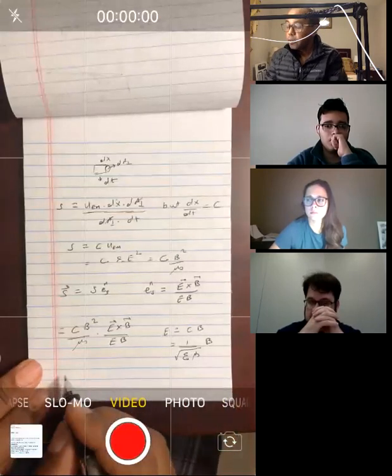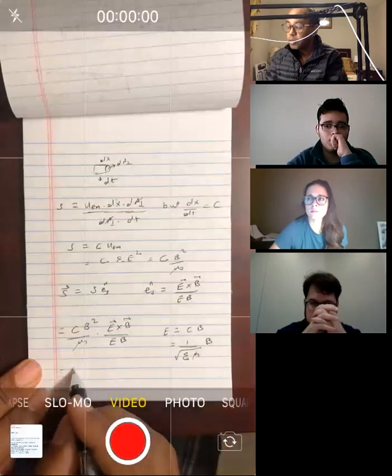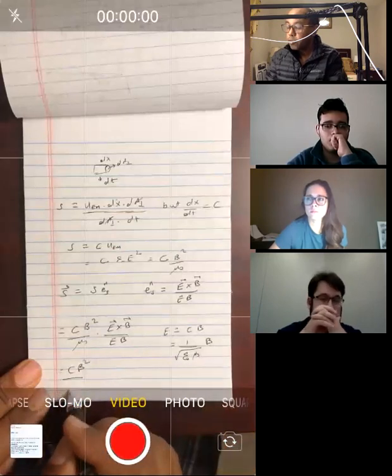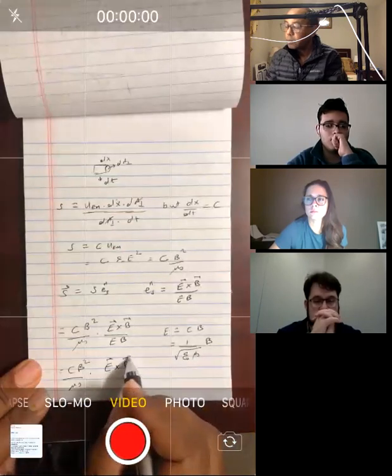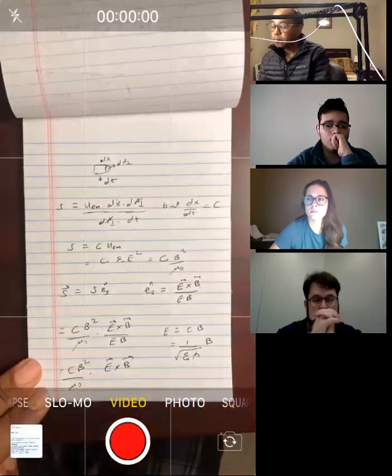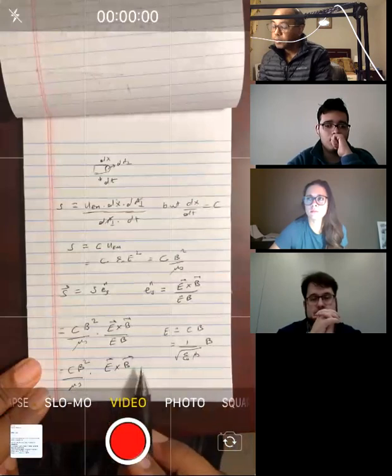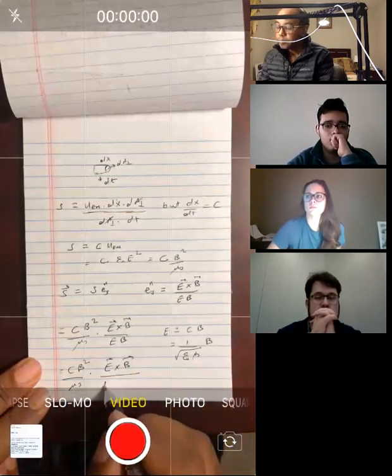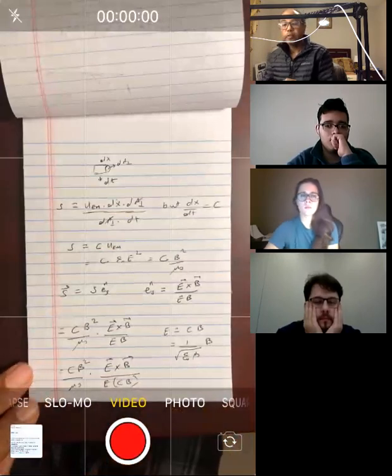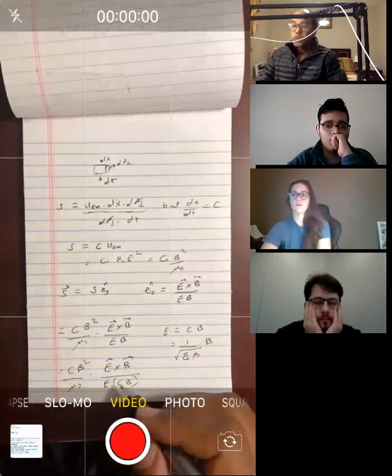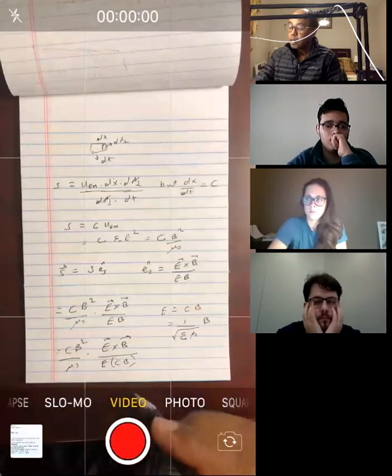So this will be c B squared over mu naught, E cross B, and then the electric field times this one, c times B. Do you see that? So c cancels out.